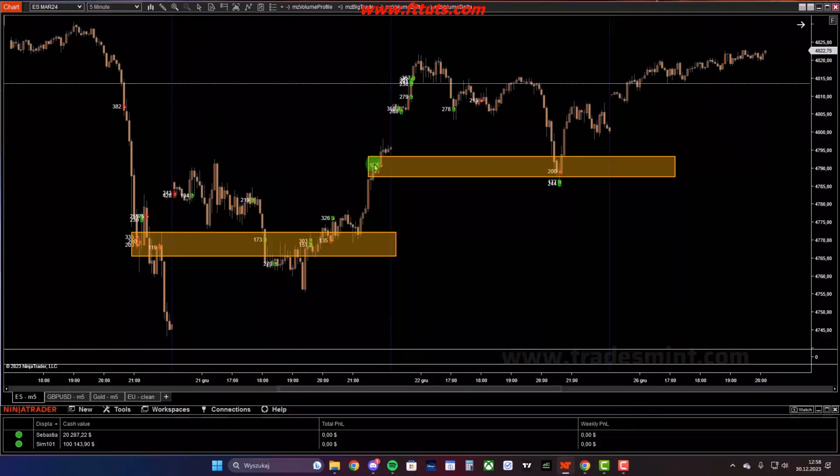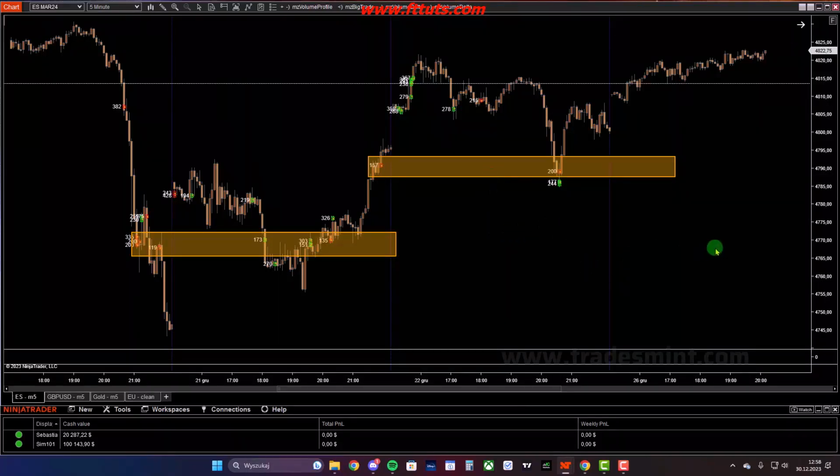Yes, because when the New York session stock market opened, the price was the same as here, above that seller's area. So there is a high probability that the price will move down, just to fill the gap and to close the failed position at break even.